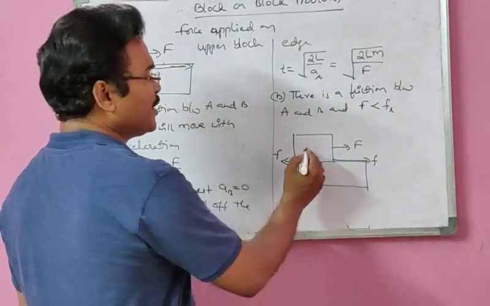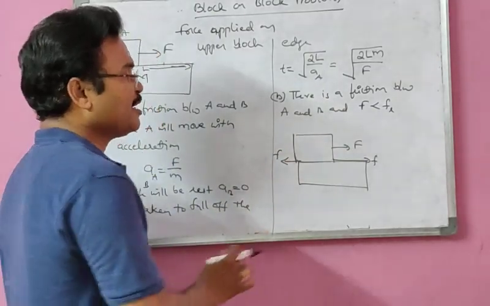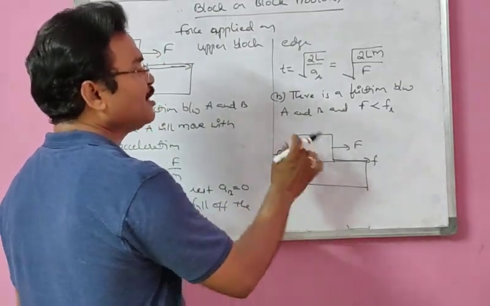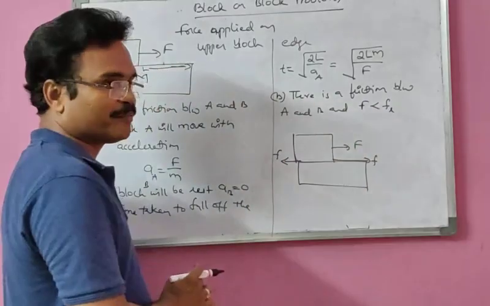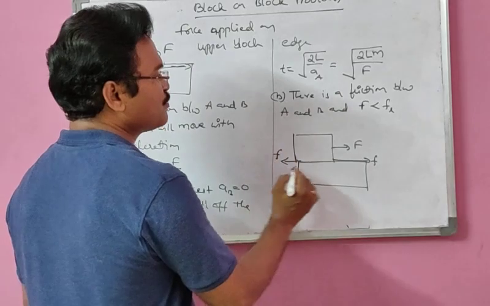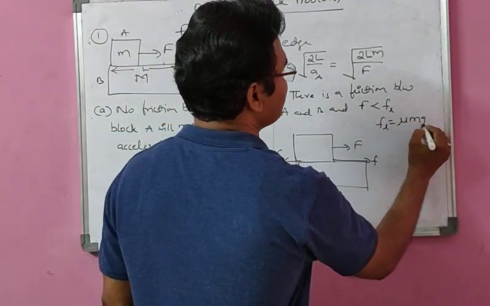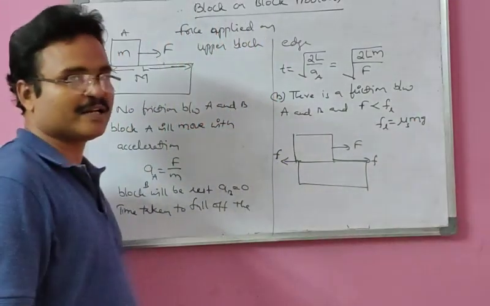And remember, what is the maximum friction that can be exerted? Limiting friction, F_L equal to mu_s m g.